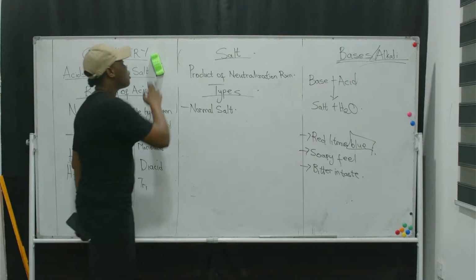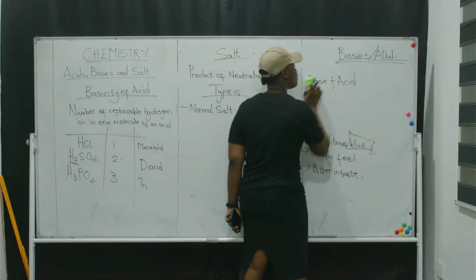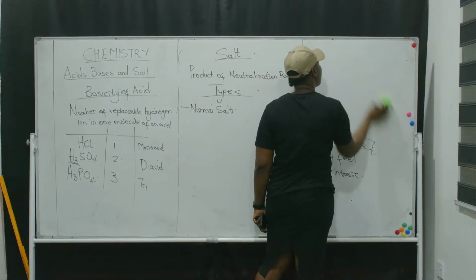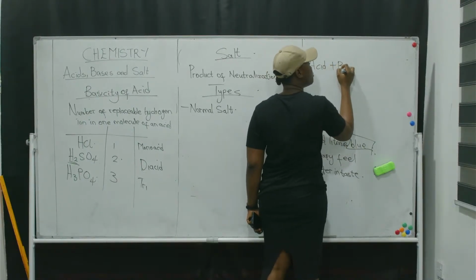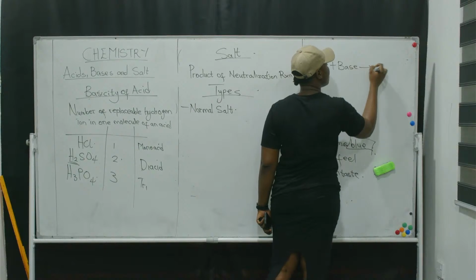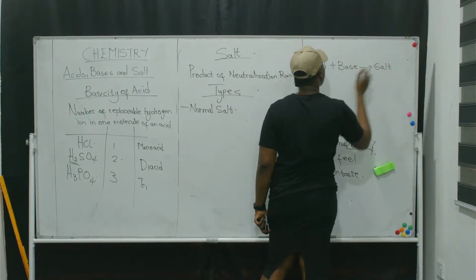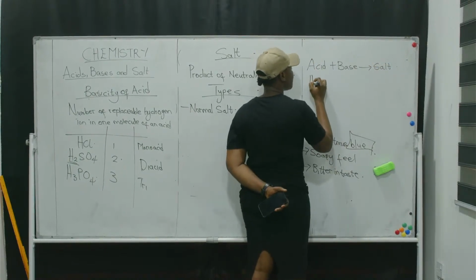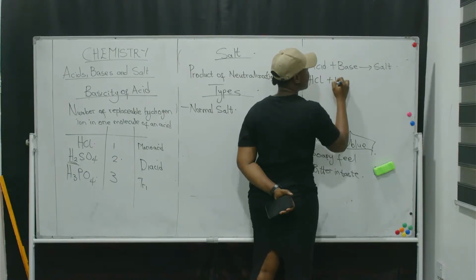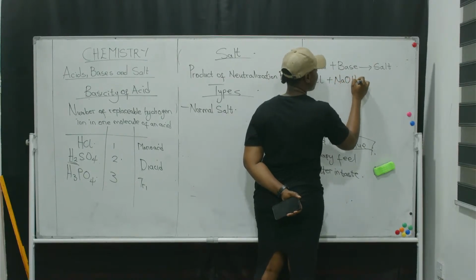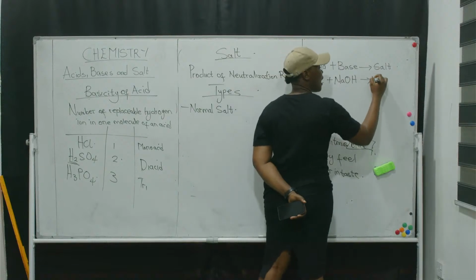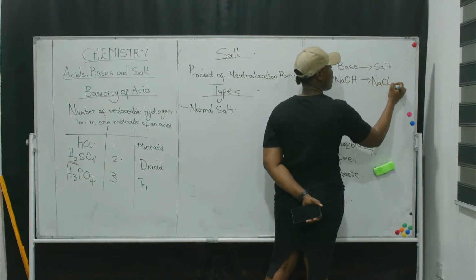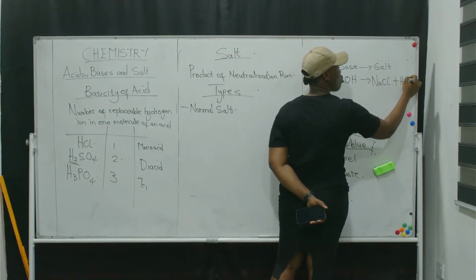Don't forget that a neutralization reaction is acid plus base gives salt. So if this is HCl and this is NaOH, this would result in what? NaCl plus H2O.